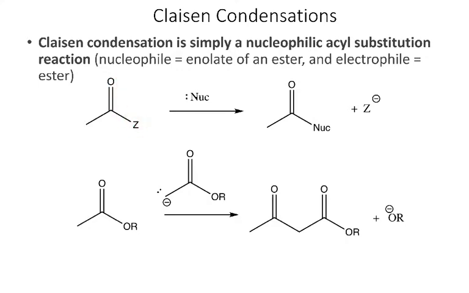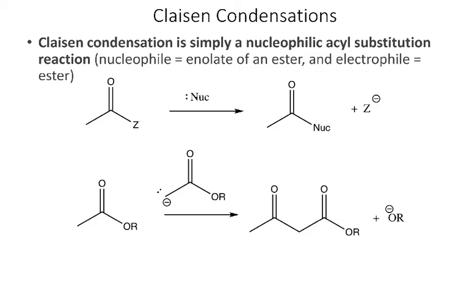Essentially we're replacing a leaving group with the nucleophile that's doing the attacking. In the Claisen condensation, the enolate is my nucleophile, and it's attacking the ester. So this carbon is going to attack here. Ultimately, we're going to expel this alkoxide group, and this gives me my beta diketo ester, expelling the alkoxide of one of the esters as a leaving group.